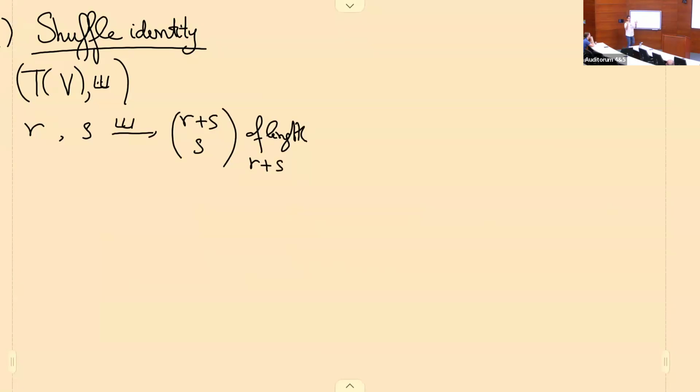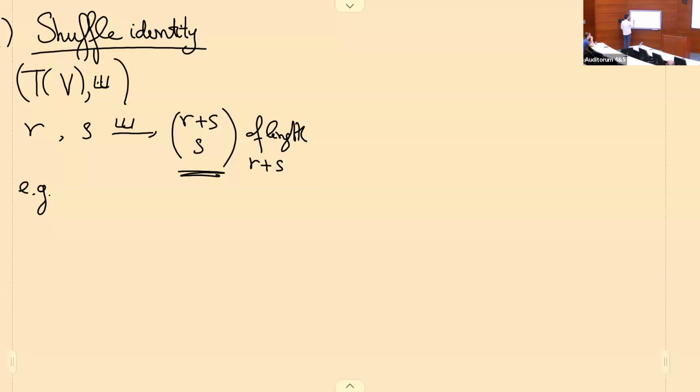The words that appear in this sum are obtained by essentially interleaving the two separate words one with the other without changing the order of the letters, right? I'm not going to write down the specific definition, but I will give you some examples.